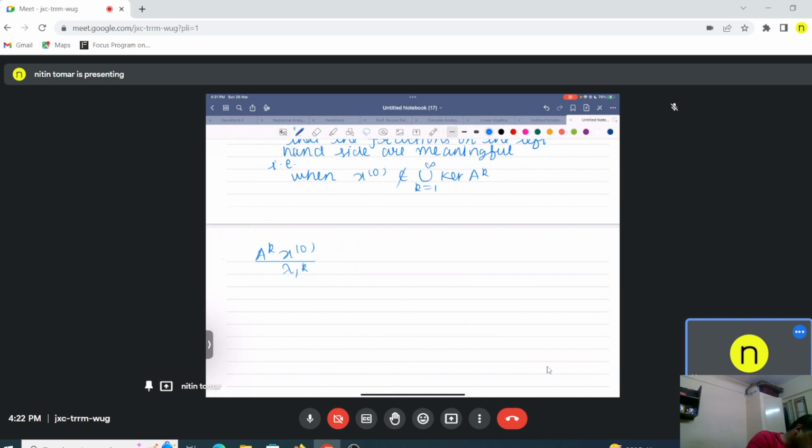So this sequence converges to an eigenvector corresponding to the eigenvalue lambda 1.